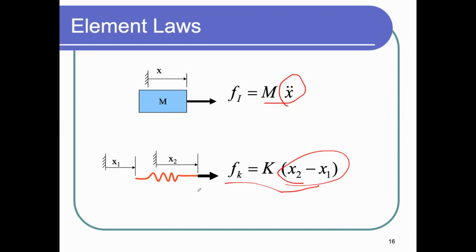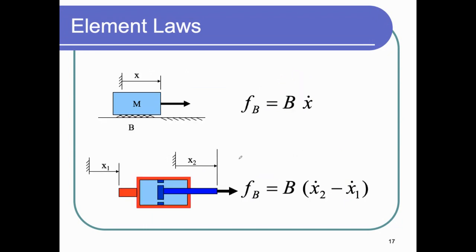This is the force due to the spring stiffness. You also have forces that relate to the velocity. So you need something that relates to velocity, something that relates to displacement, and something that relates to acceleration. And this is a damper.